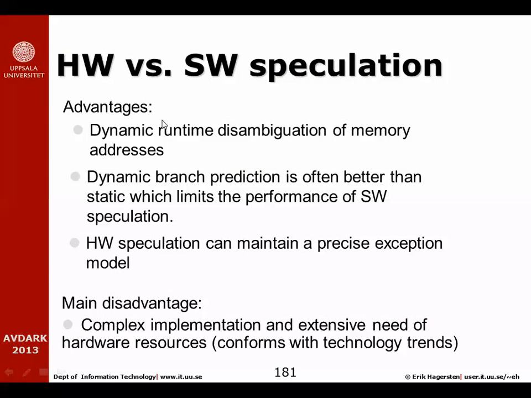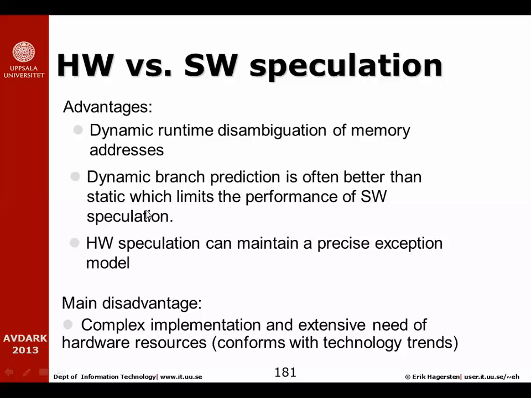So comparing hardware to software speculation, it's clear that hardware speculation could potentially have higher performance because we can dynamically do the disambiguation of memory addresses. We can dynamically do branch prediction, which is probably much better. We can learn as we go rather than trust the compiler. And we can do hardware speculation to maintain precise exceptions.